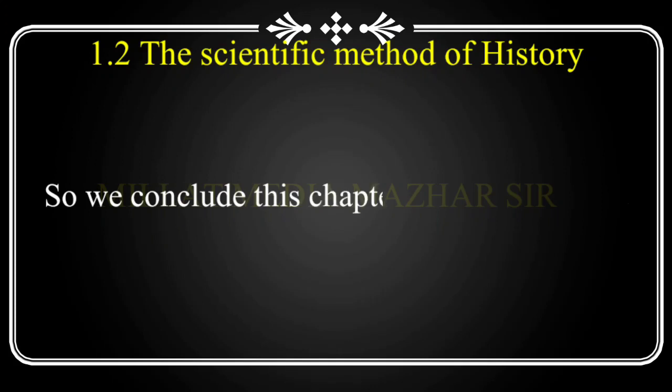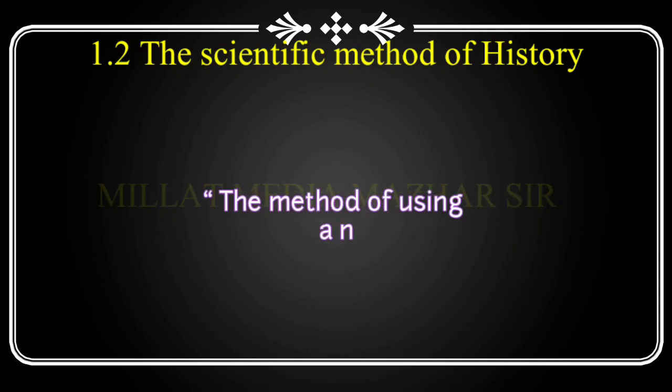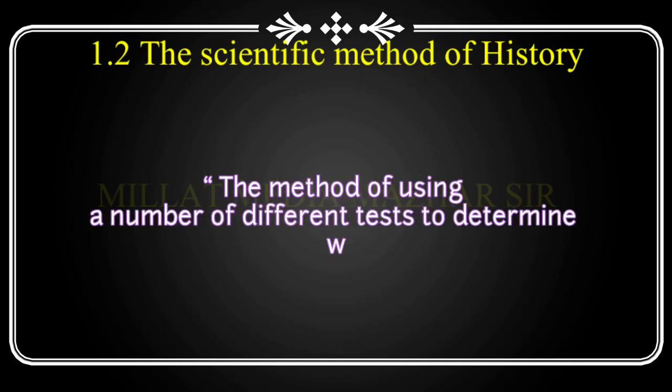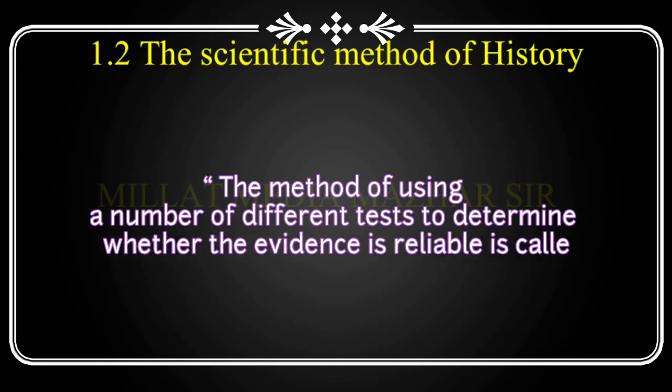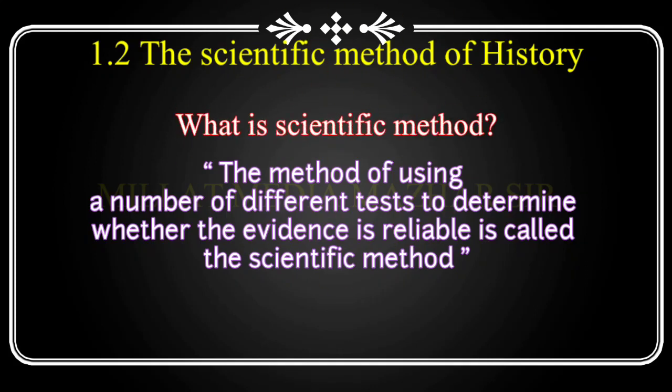So we conclude this chapter on this point, that the method of using a number of different tests to determine whether the evidence is reliable is called the scientific method. What is scientific method?